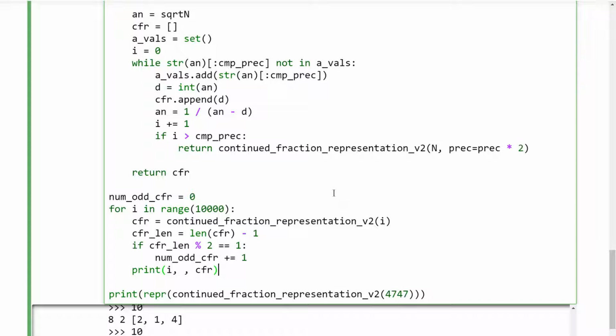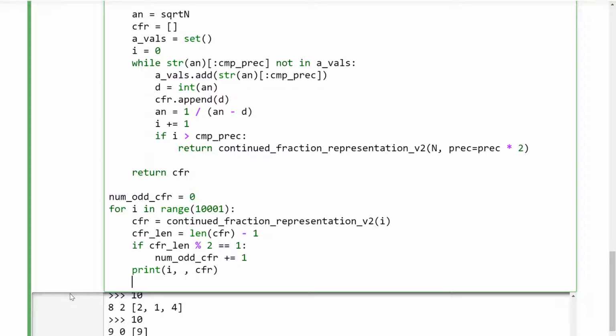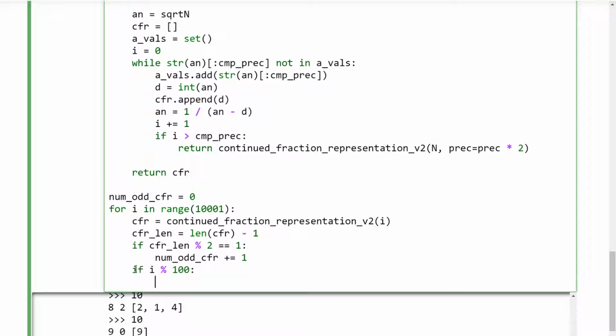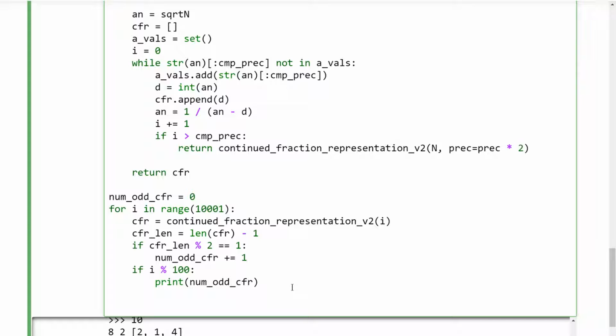So what did he say? He said less than or equal to, so 0, 1. And so I'm just going to, if i mod 100 print, then let's just do num mod CFR, just so we have some kind of progress indicator.